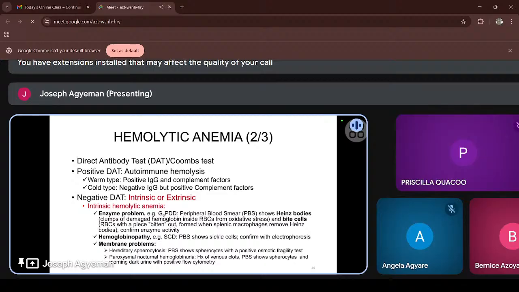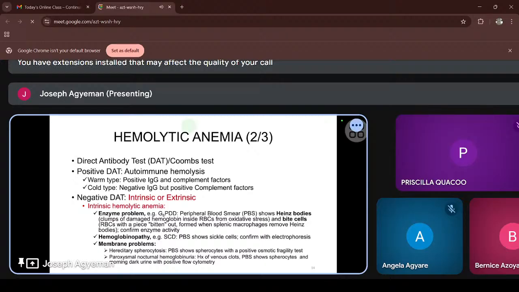If even one of them is positive, then it is autoimmune. Otherwise, it is non-autoimmune hemolytic anemia, so you are going after the membrane problems or the infections or the hemoglobinopathies or the enzyme problems. So now we are looking at where there is positive antibody testing, a confirmation of an autoimmune hemolytic anemia.